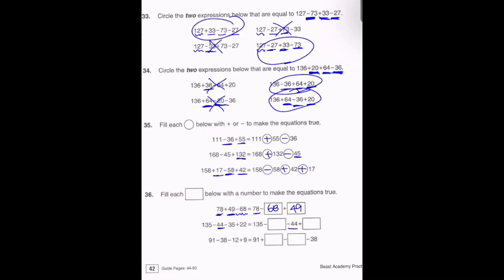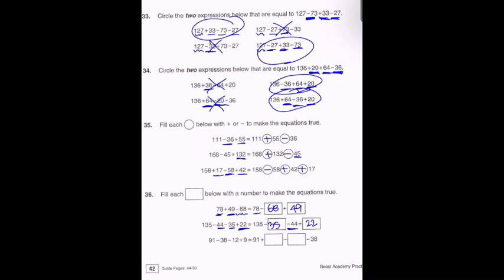But then 44 is already subtracted here, so this blank that comes after the negative sign is going to be 35. And then we're adding 22, so it comes after the plus sign.